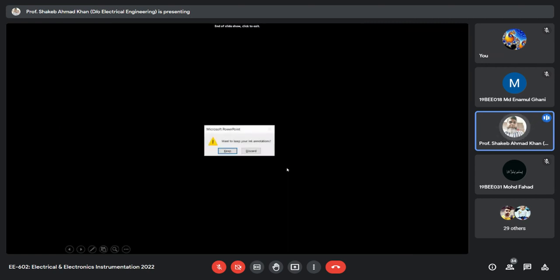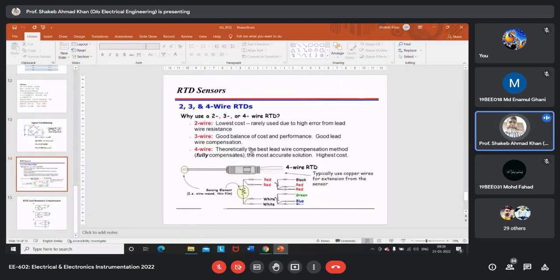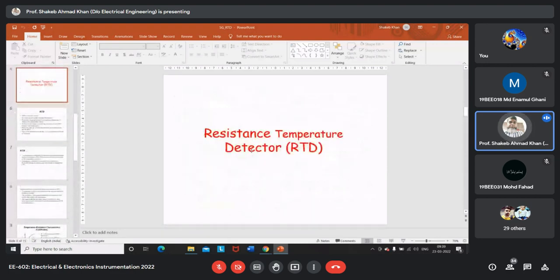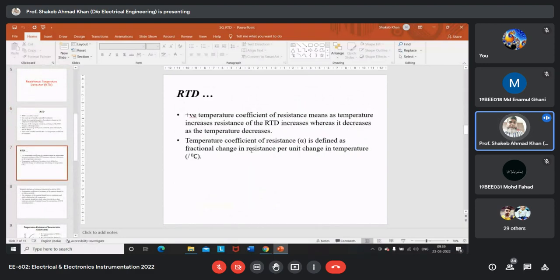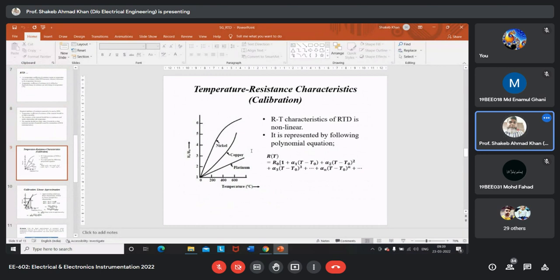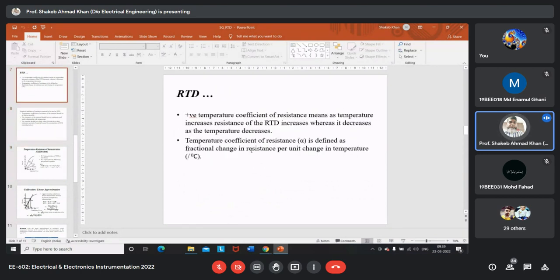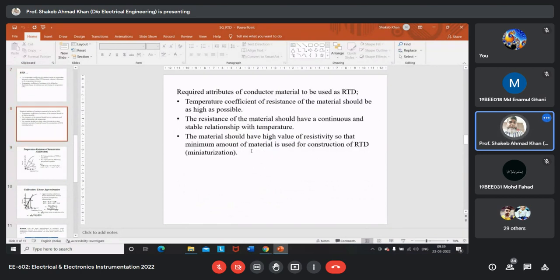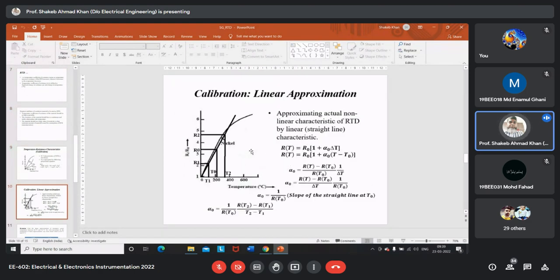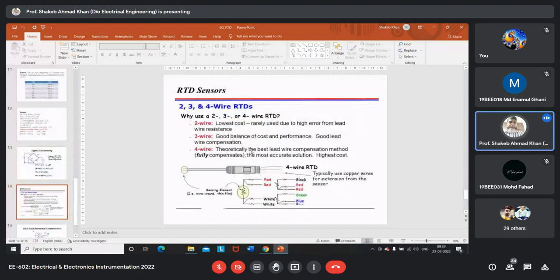So here we finished the RTD. We discussed many things about it: what a resistance temperature detector is, what the attributes of the material should be, what the temperature coefficient of resistance is and its nature, then calibration in detail, then signal conditioning, and then lead resistance compensation.